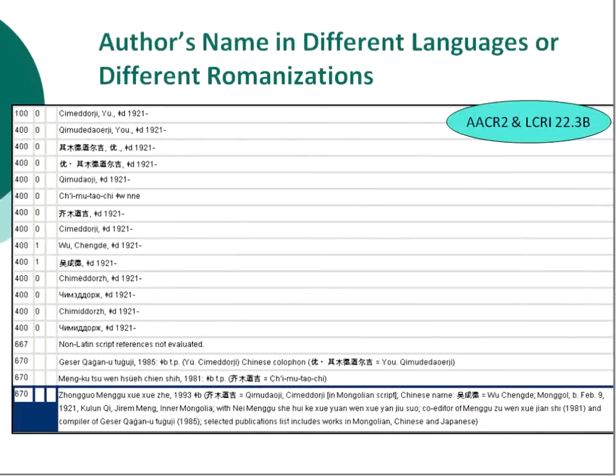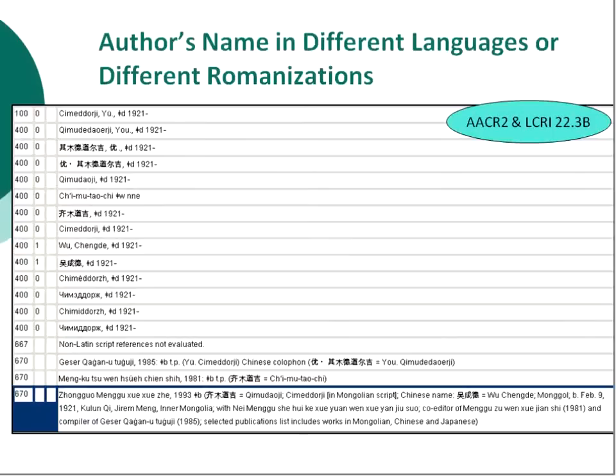Author's name in different languages or different romanizations. This is another potentially confusing area, and it's about authors' names in different languages or different romanizations.